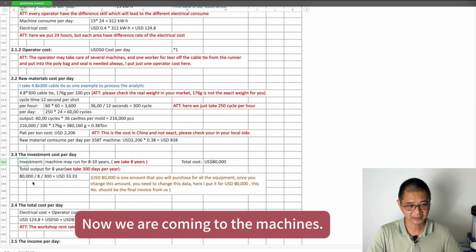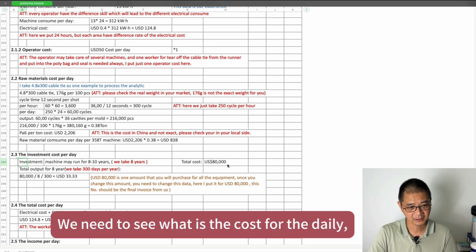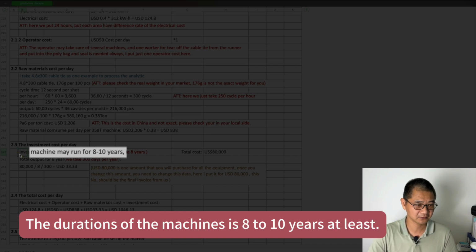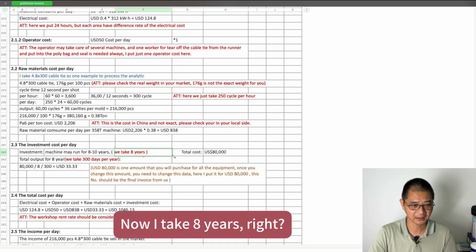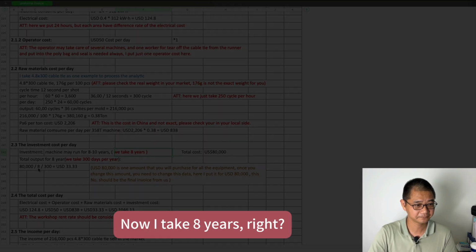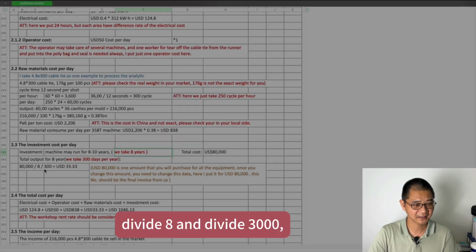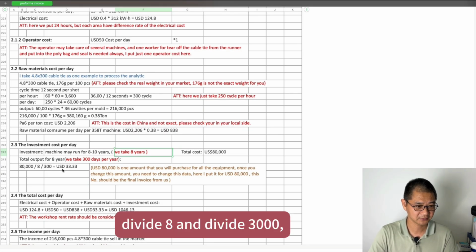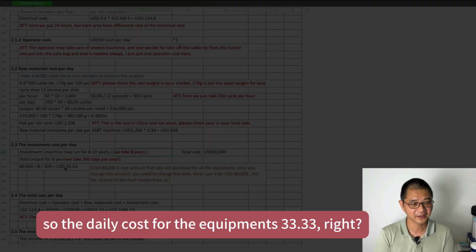838. Now we are coming to the machines. We need to see what the daily cost is. The duration of the machine is 8 to 10 years at least. Now I take 8 years, right? 1 year I just take 300 days. Divide by 8 and divide by 300. So the daily cost for the equipment is 33.33, right?